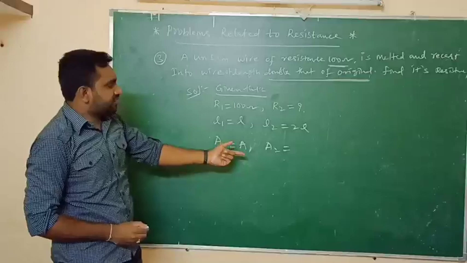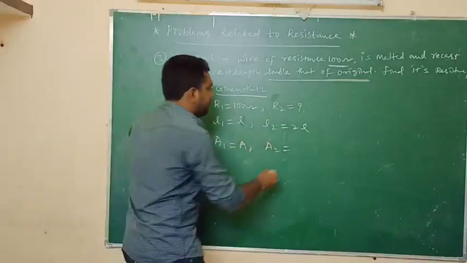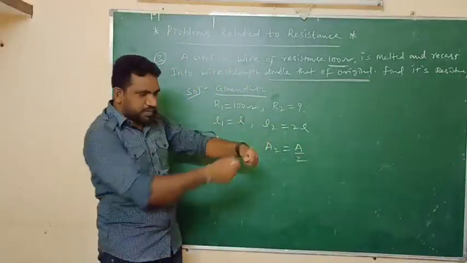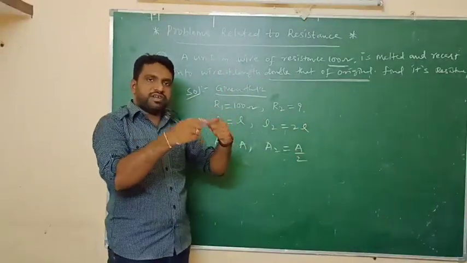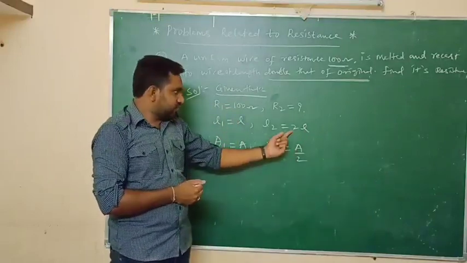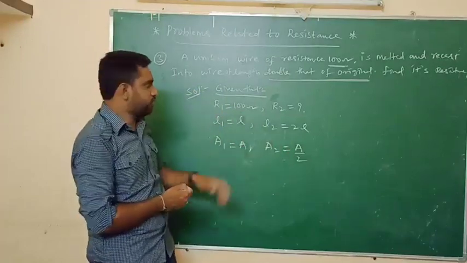After the recast, A2 becomes A by 2. All of you understand? When the thickness decreases, the cross-section area also decreases. So when the length becomes double, the cross-section area becomes half. That is the logic we have to use here.